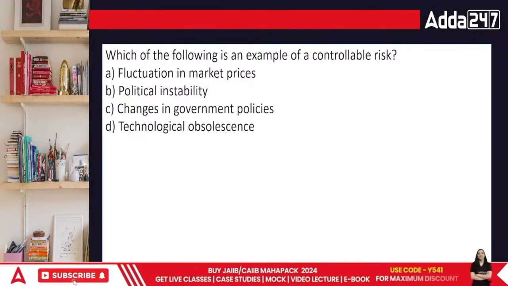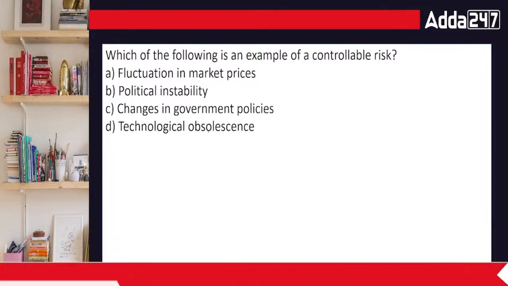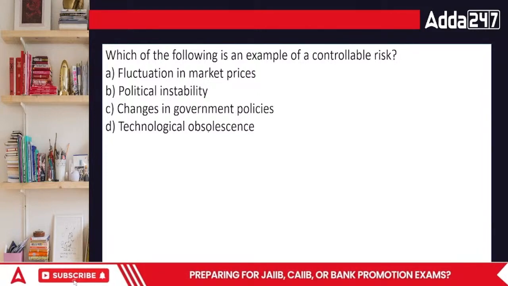Fluctuation in the market price is not in our hands. Political instability, can we control who's going to be the prime minister? An individual cannot. Multiple people can, but we alone cannot.